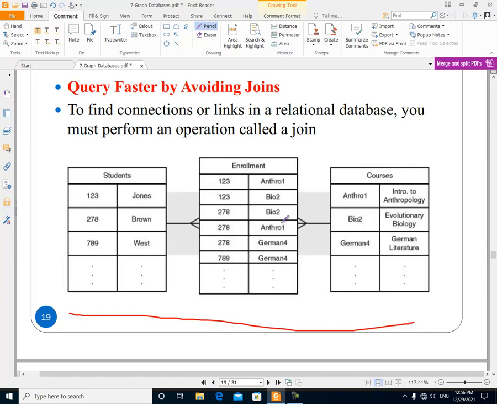Data about the students, the courses, and the enrollments. The enrollments are a relation between the courses and the students. So we have three different tables. When we want to do an operation on this data, we have to join these tables so we could do the operation.